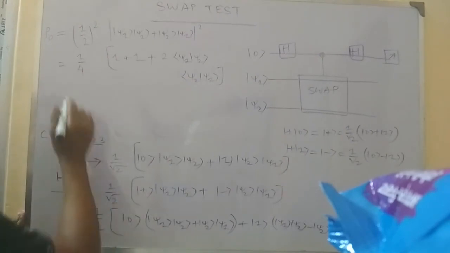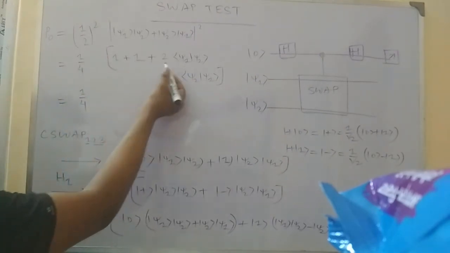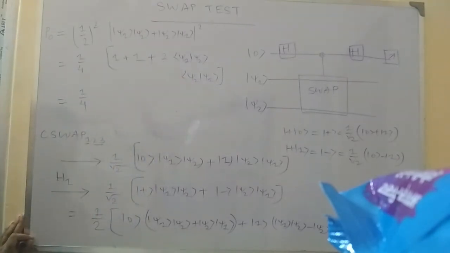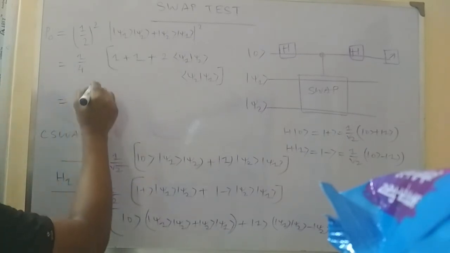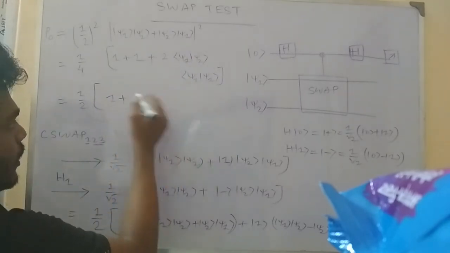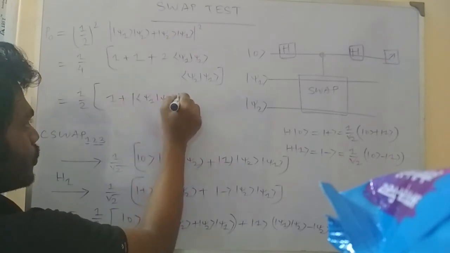So now we have 1 by 4 and 1 plus 1 is 2, another 2 is here, so we can take 2 as common. So outside we have 2 by 4, which is 1 by 2, and then we have 1 here plus the psi 1 psi 2 inner product mod square, right?